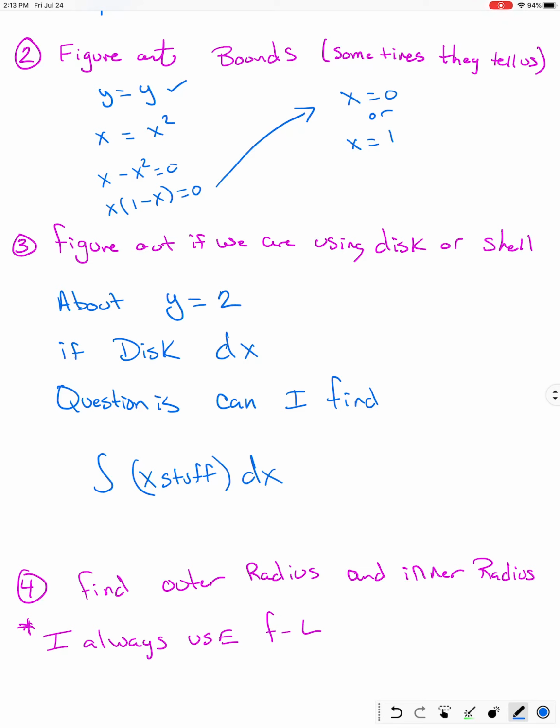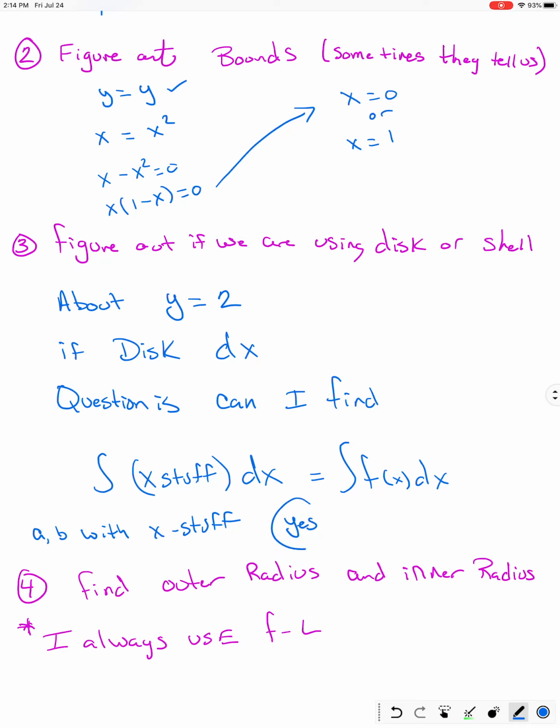In other words, can I put in an integral with f of x, a function inside that has x stuff? Is that easy to do? Because I need dx on the outside. And on top of that, can I find a and b with my x stuff? In other words, are my bounds of integration easy to find in terms of x?